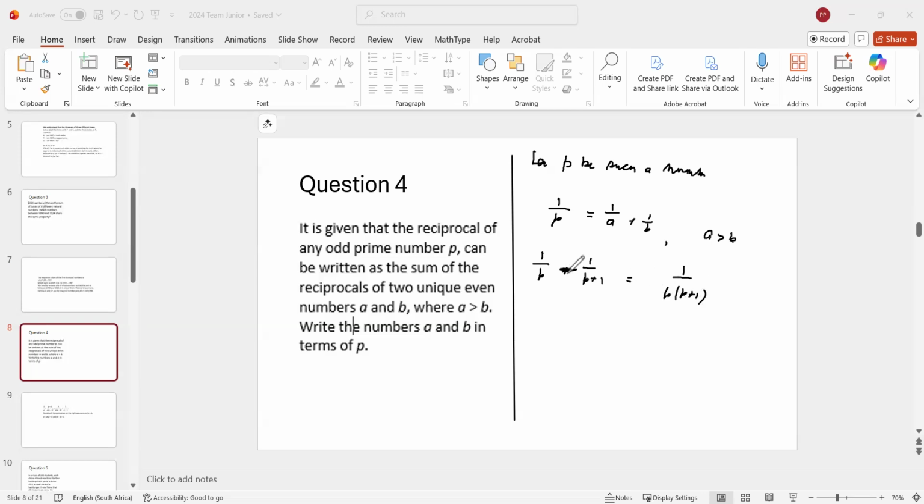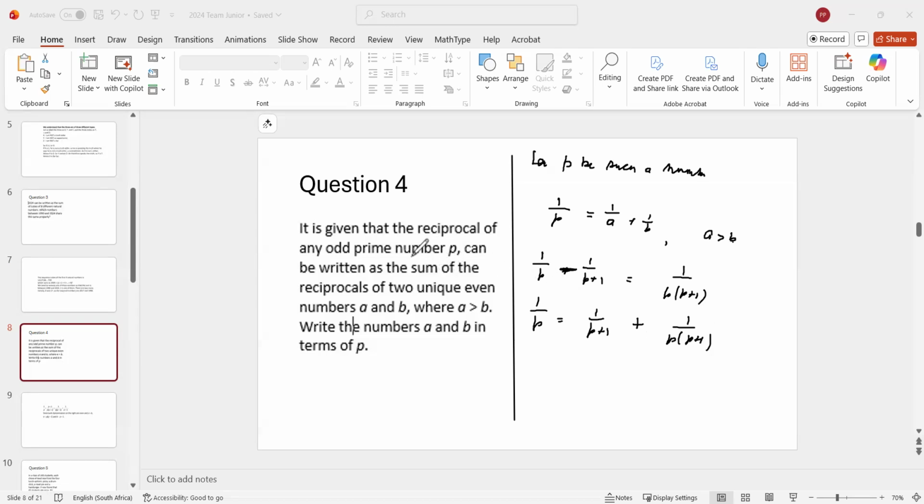If you simplify that, you'll come to this. So 1 over P is equal to 1 over P plus 1 plus 1 over P into P plus 1. Okay, so there we have it.